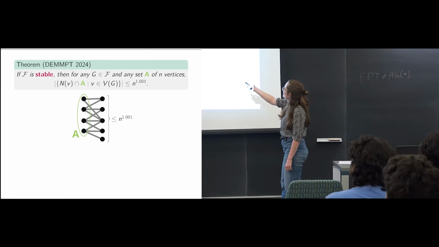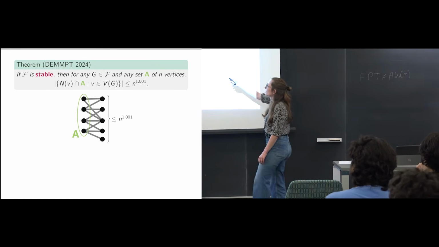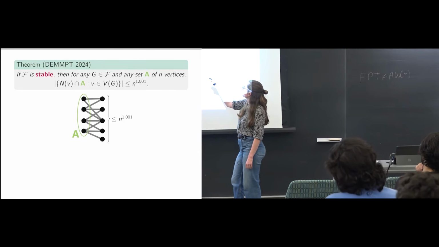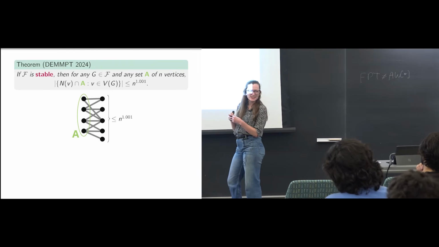So for any graph in my class, and any set A of n vertices, the number of different neighborhoods vertices can have within A is very close to the size of A.